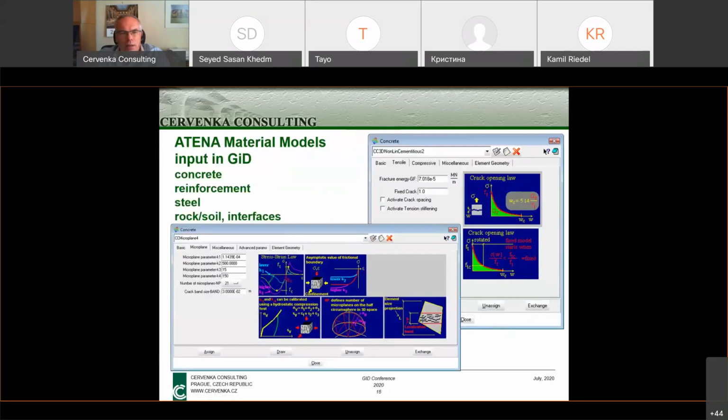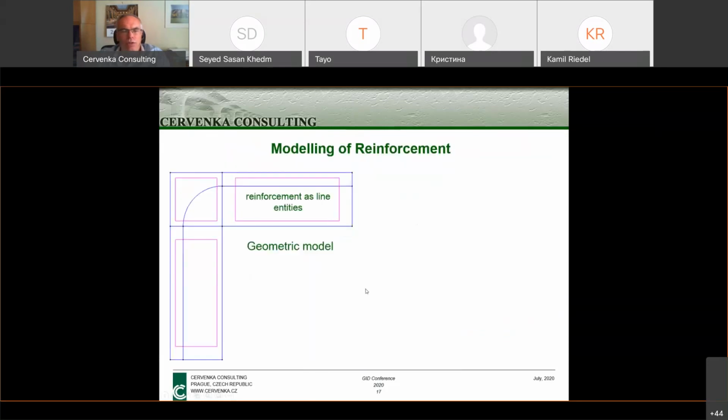And let me show how this is done. So imagine we have this kind of three surfaces which define our model, which is maybe some kind of corner. And we have a reinforcement, which is this blue line passing through. So this is defined totally independently.